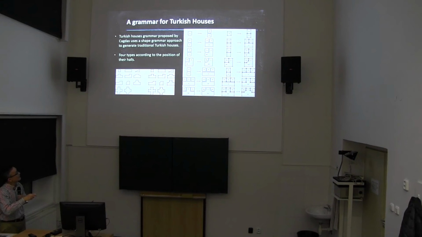We basically can convert all these original rules of the Turkish house to the graph grammar representations. You can see, one-to-one correspondence, very easy, right? And we just do the first thing, to validate whether our graph grammar idea is feasible, okay?